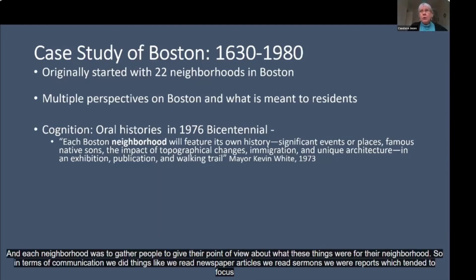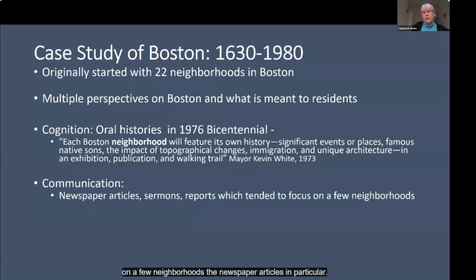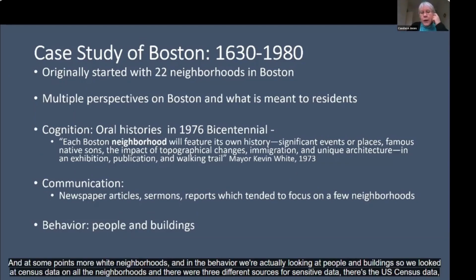And each neighborhood was to gather people to give their point of view about what these things were for their neighborhood. So in terms of communication, we read newspaper articles, sermons, and reports, which tended to focus on a few neighborhoods, the newspaper articles in particular. And what that meant is they tended to focus on the more elite and at some points more white neighborhoods.